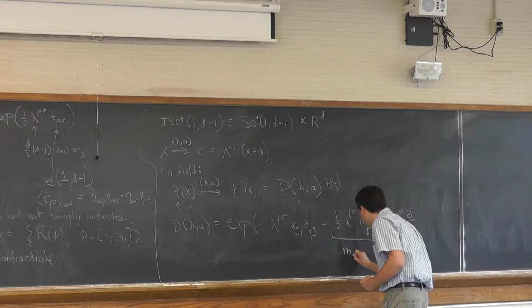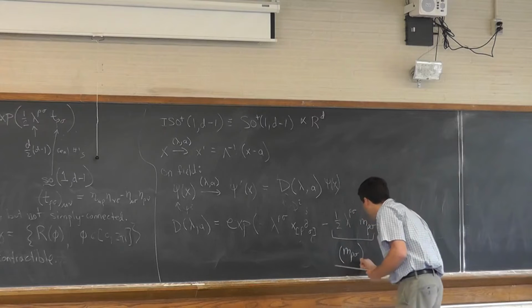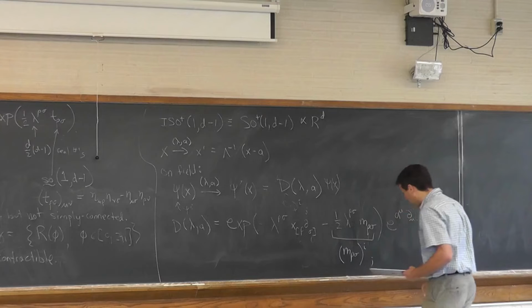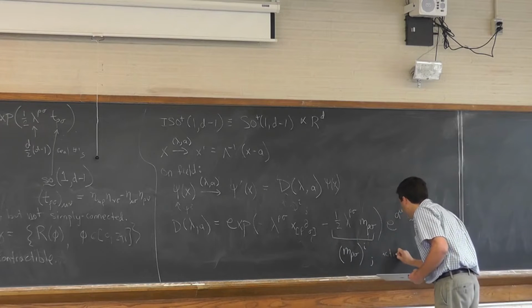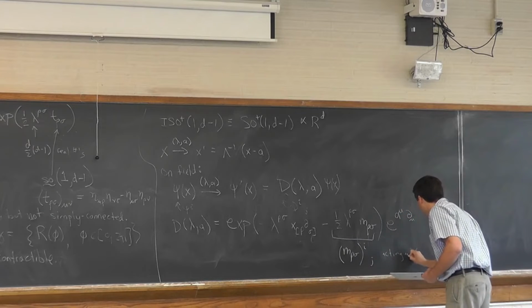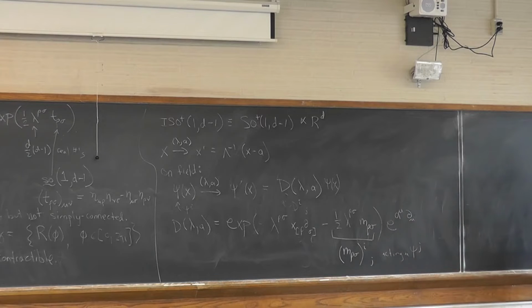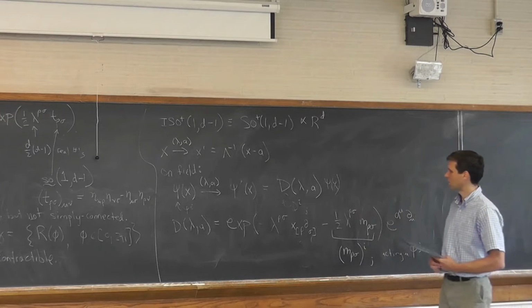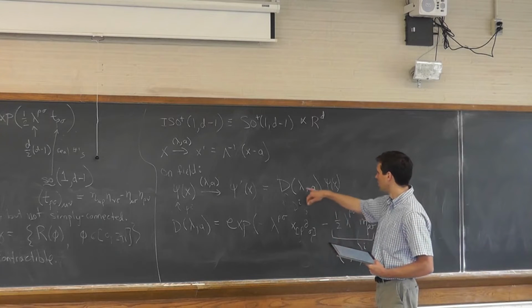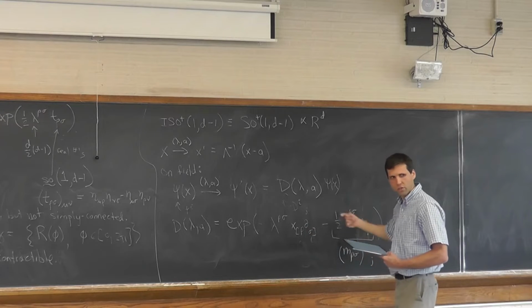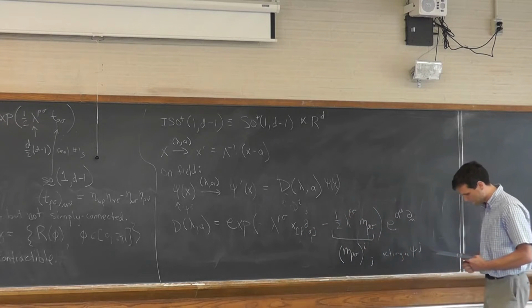So M rho sigma is a matrix, i j, acting on the indices of the field, psi j. So this transformation in total does three things. It implements the two transformations on the coordinate, and also does a transformation on the field.